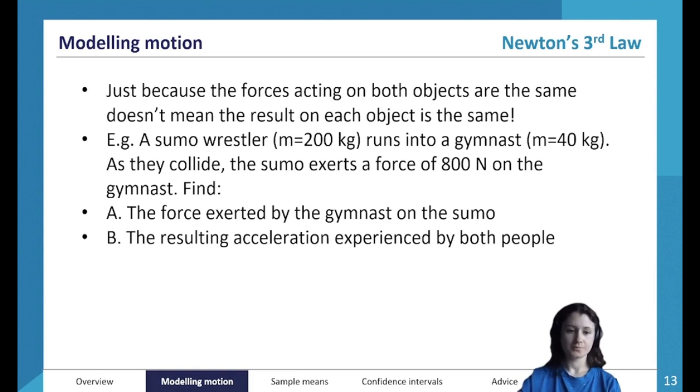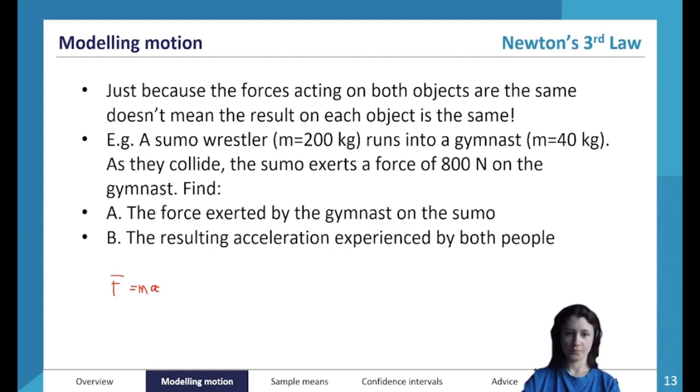So, let's find the force exerted by the gymnast on the sumo and the resulting acceleration experienced by both people. Alright? As we can see, the force is always equal to the mass multiplied by the acceleration.